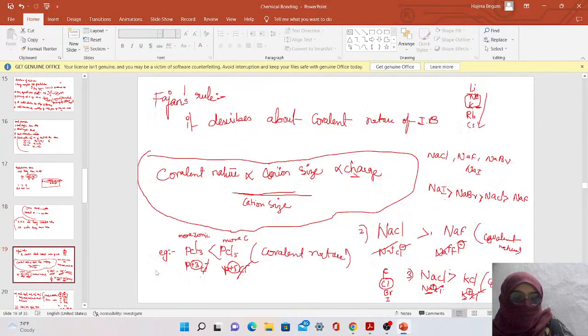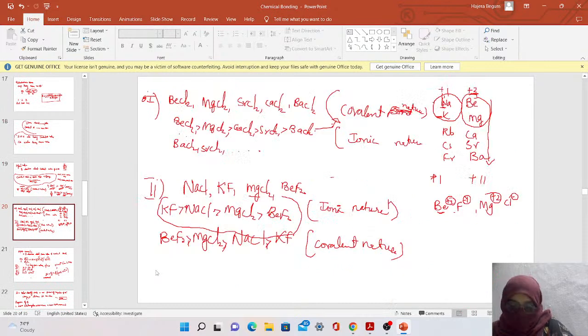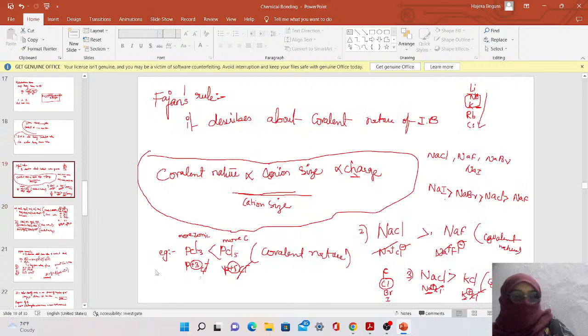With the help of Fajans rule. Fajans rule describes the covalent nature of an ionic bond. Covalent nature is directly proportional to anion size, directly proportional to charge, and inversely proportional to cation size. If you can calculate covalent nature, you can automatically find ionic nature, because the reverse is the case for ionic.